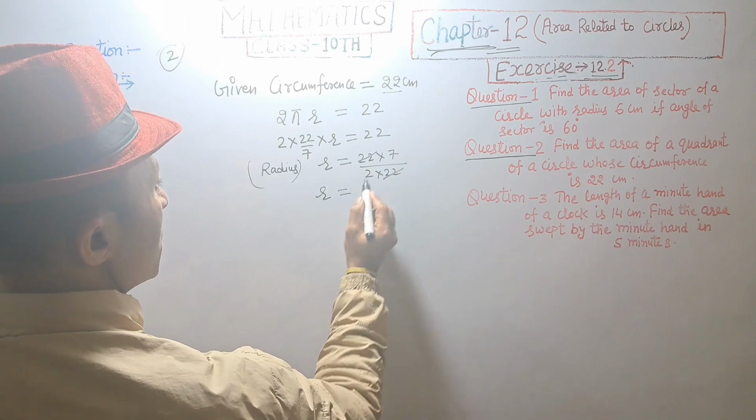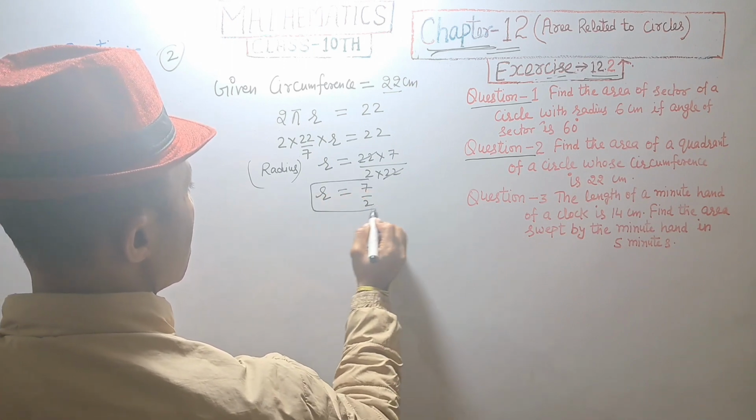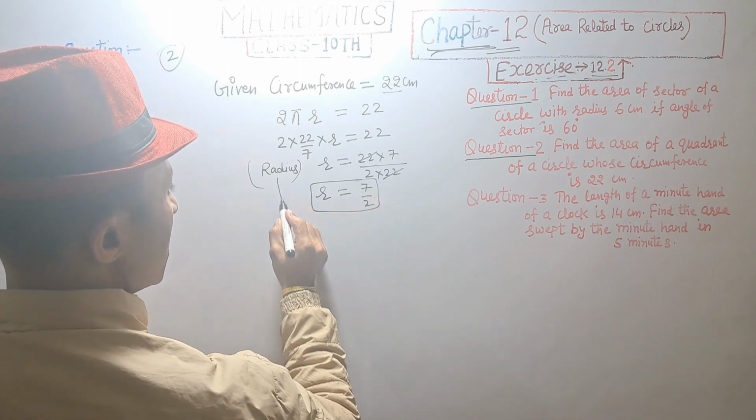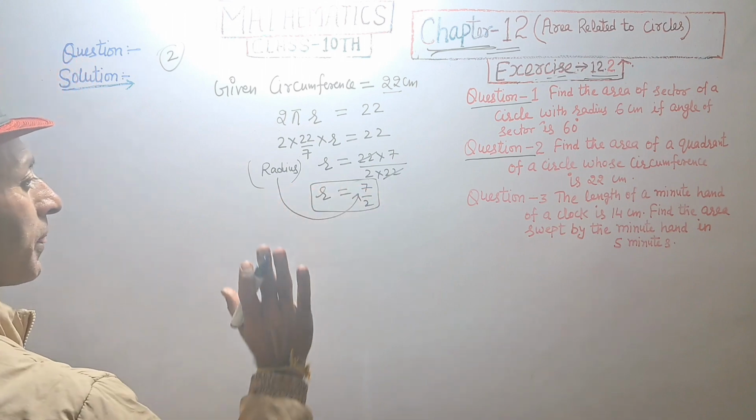So r is equal to 7 upon 2. Its radius. Radius is equal to 7 divided by 2.